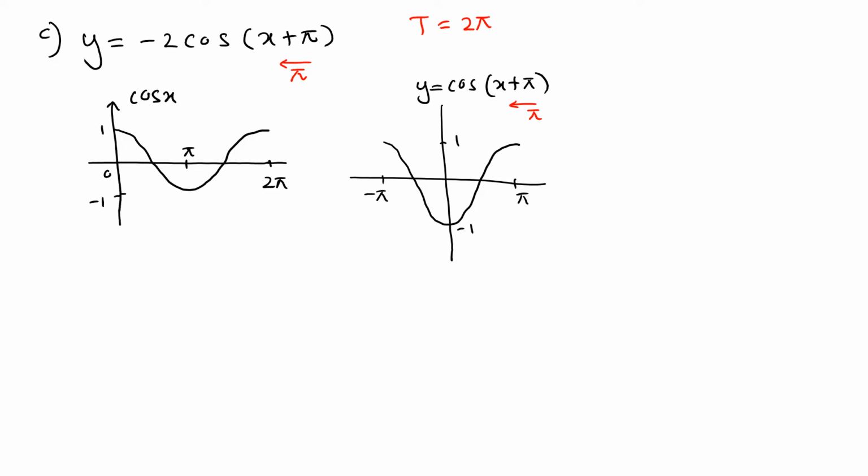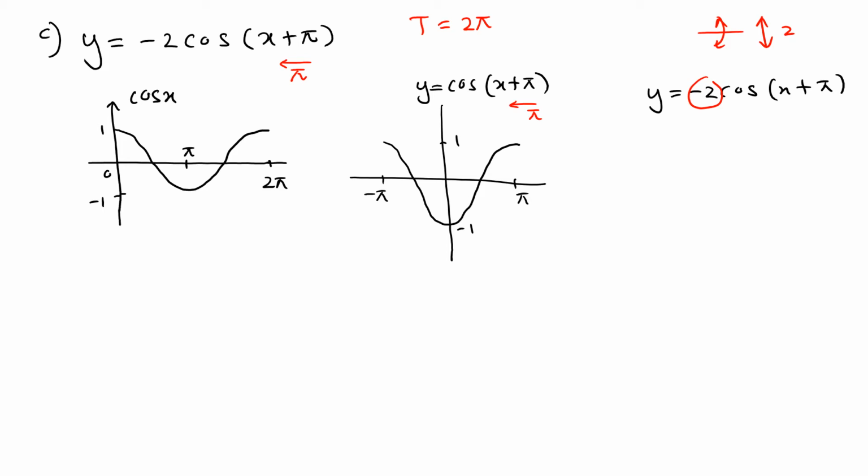Okay, now finally we can do negative 2 cosine of (x plus pi). What the negative 2 does is flip vertically and also stretch 2 times. So the two things going on: flip vertically and stretch 2 times. That means the graph turns over and goes between 2 and negative 2.